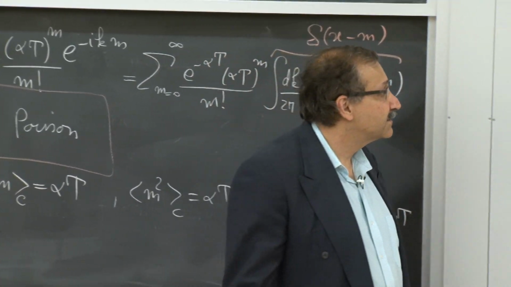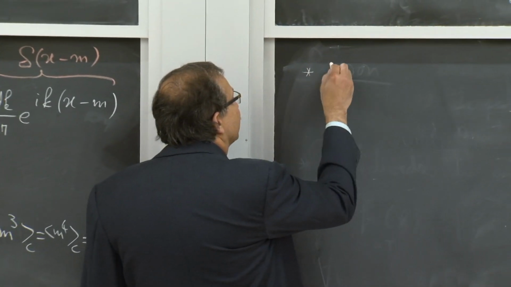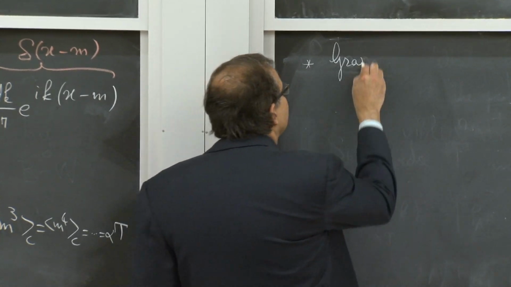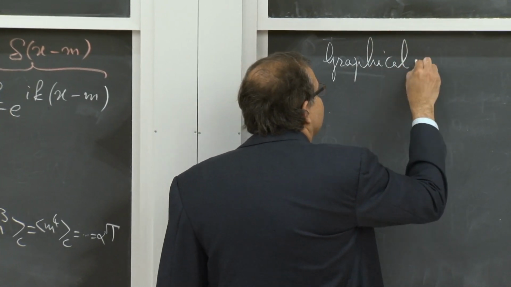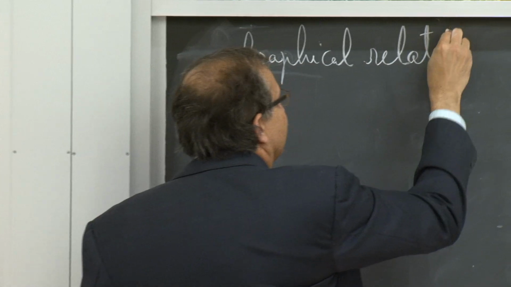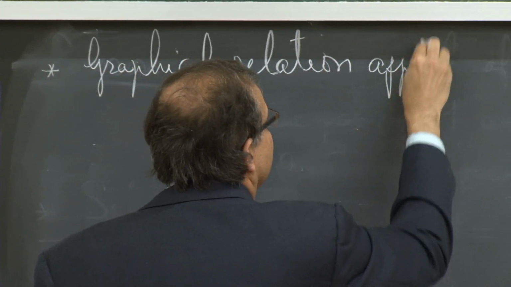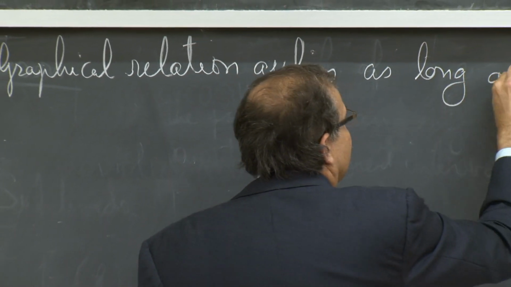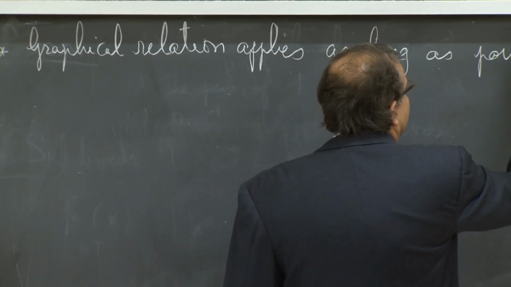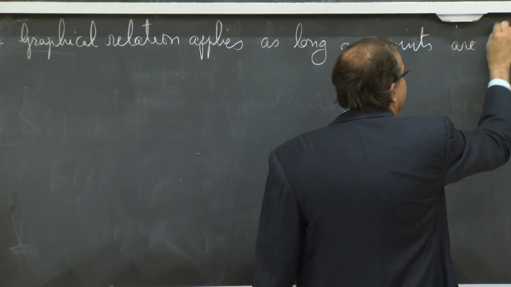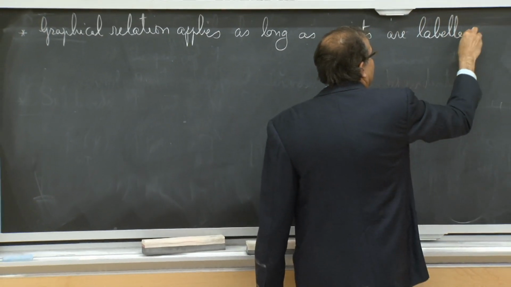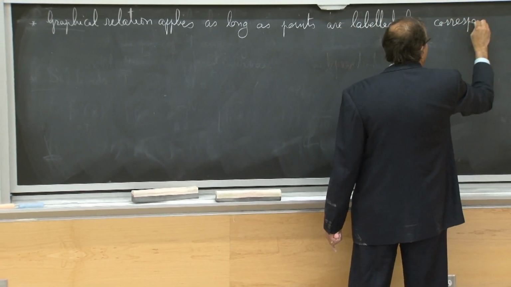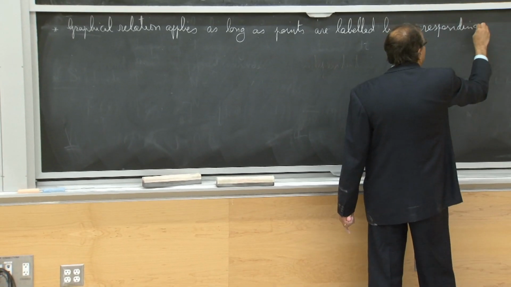We can generalize that graphical relation to the case of joint moments and joint cumulants. So the graphical relation applies as long as points are labeled by the corresponding variable.